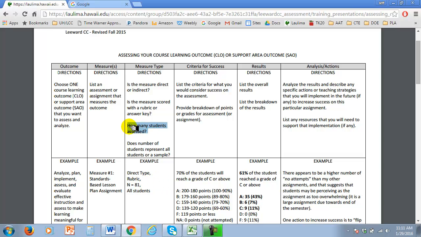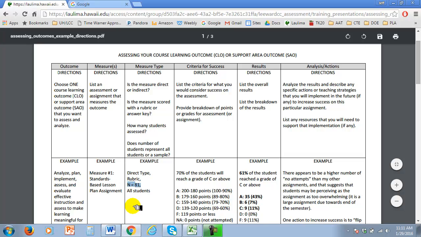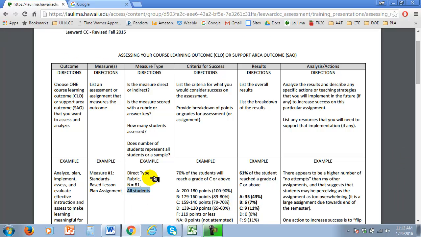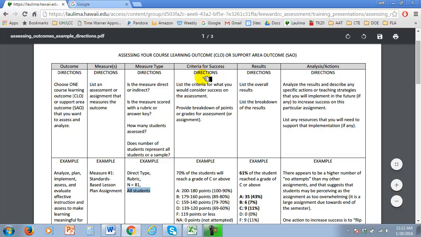How many students are assessed? There were 81 students, and so I'm combining my different classes with that assignment. And does the number of students represent all the students or a sample? In this case, I said all the students, but you certainly could sample your students. Then for the criteria for success, you want to determine what is the criteria that you would consider successful on an assessment.